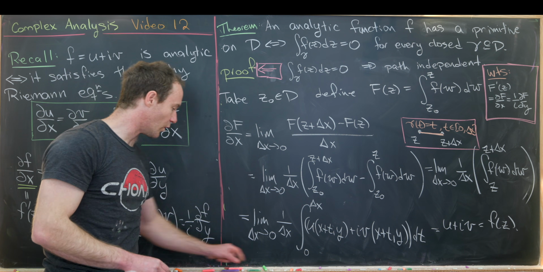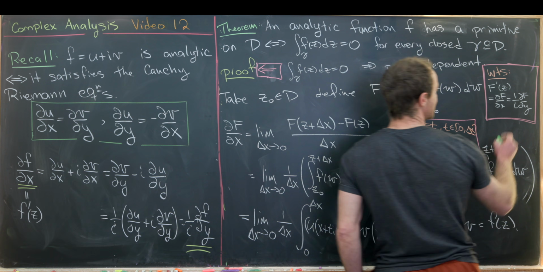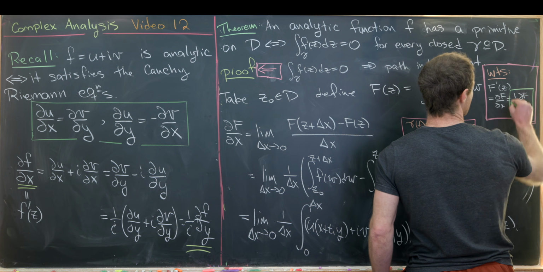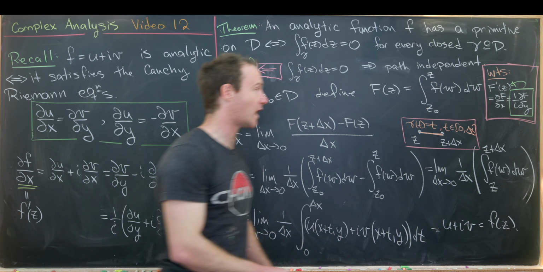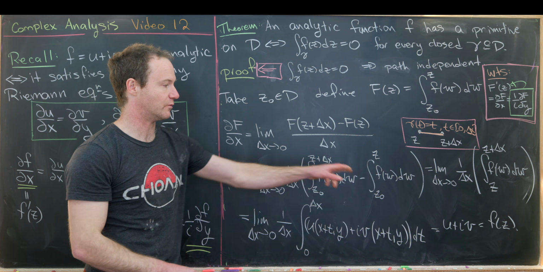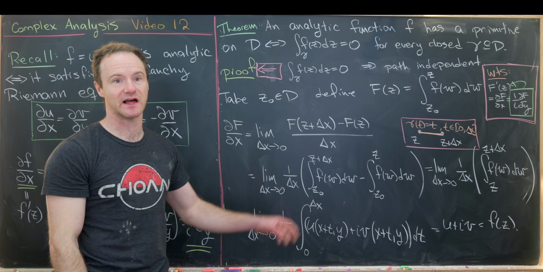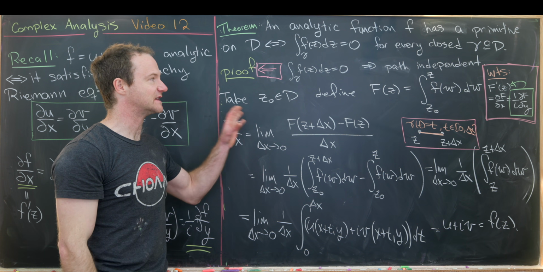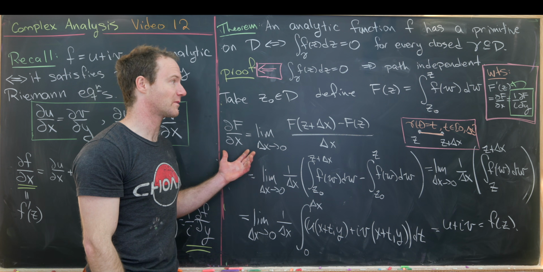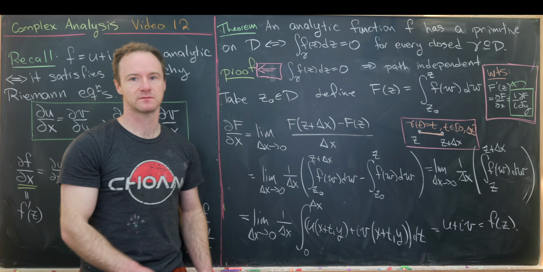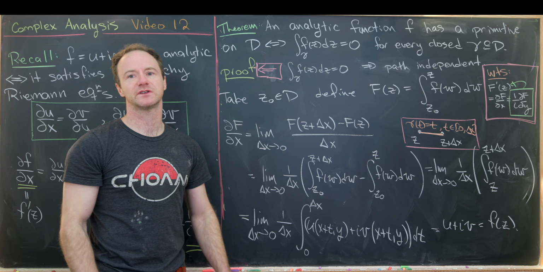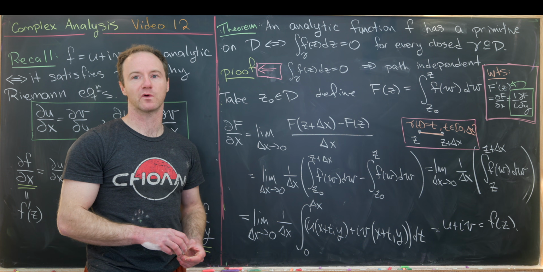So we've got one last thing to check, and that would be that this 1 over i times the partial of F with respect to y is the same thing as f prime, which is little f of z. But I'm actually going to leave that for you as a warm-up exercise because it follows almost exactly like this. So we've got one more result, and then I'll leave you with some warm-up exercises.